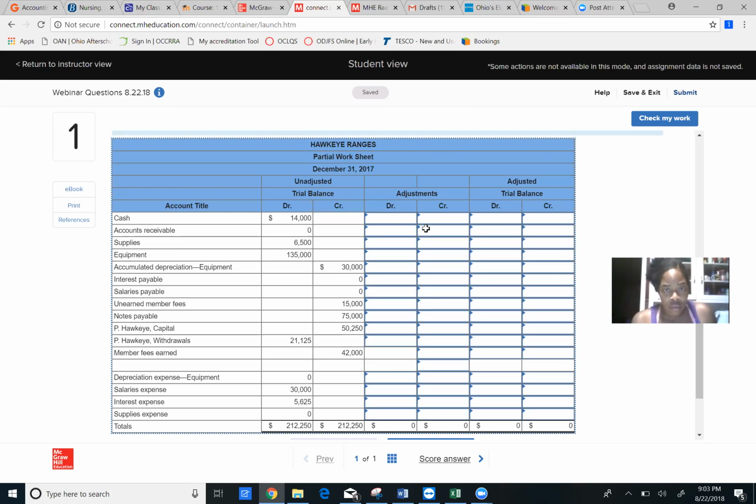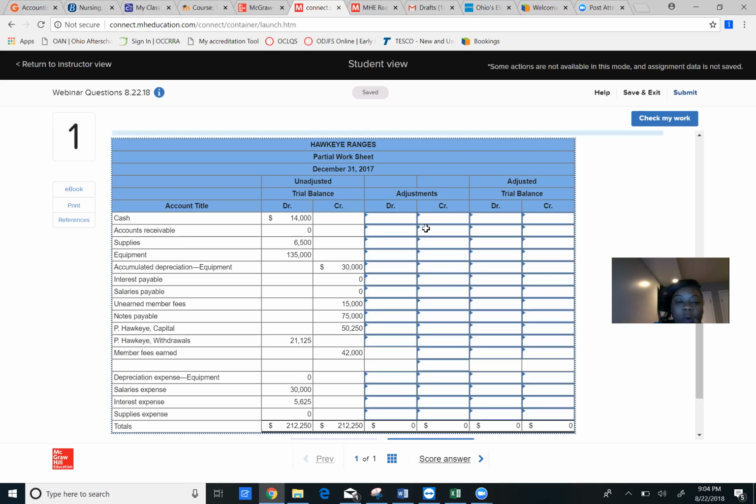And how I knew it was a liability is because it's sitting with all the other payables. See how you got interest payable, salaries payable. Can you see my screen? Yeah. Okay. So interest payable, salaries payable, then notes payable. So unearned member fees, that's kind of like a payable. So that's going to be in the same type of direction as the payables.